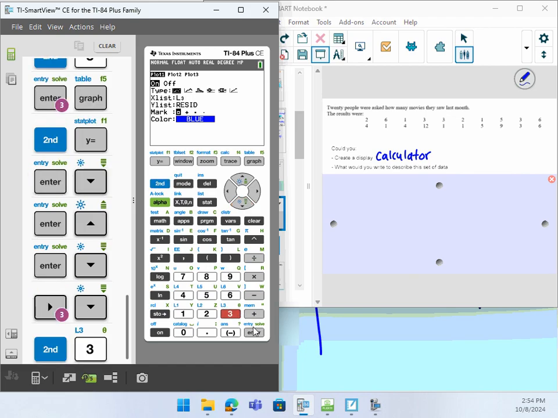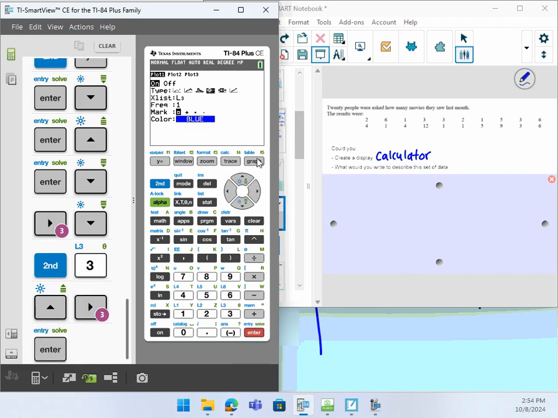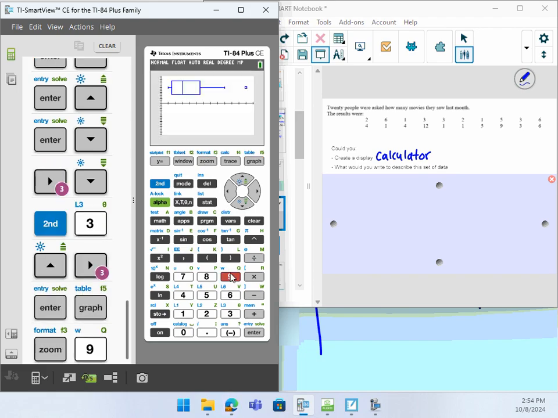That's where I typed it. And so now when I click graph and I do zoom 9, there would be my little plot of how 20 people were asked how many movies they saw in the last month.